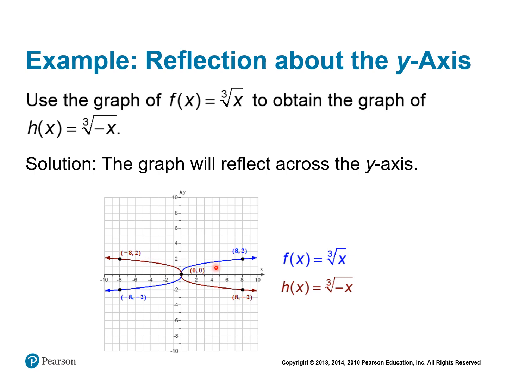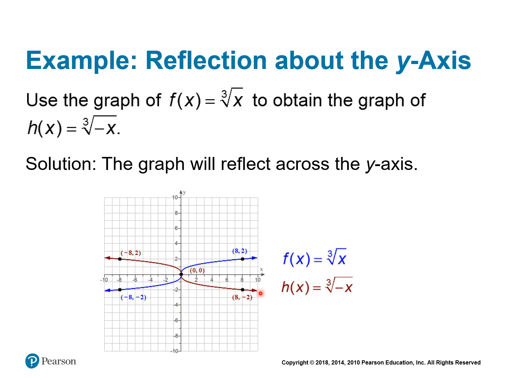So the reflection of this blue graph is this red graph across the positive y-axis, whereas the lower part of the graph, this blue part, is reflected across the negative y-axis.